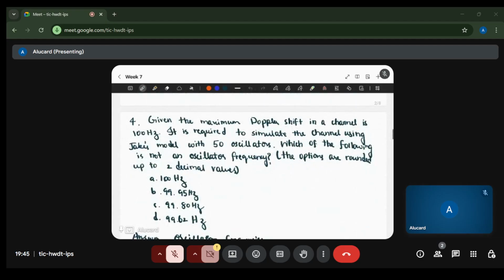Then question number 4 is, given the maximum Doppler shift in a channel is 100 Hz, it is required to simulate the channel using the JX model with 50 oscillators. Which of the following is not an oscillator frequency? The options are rounded to 2 decimal places.